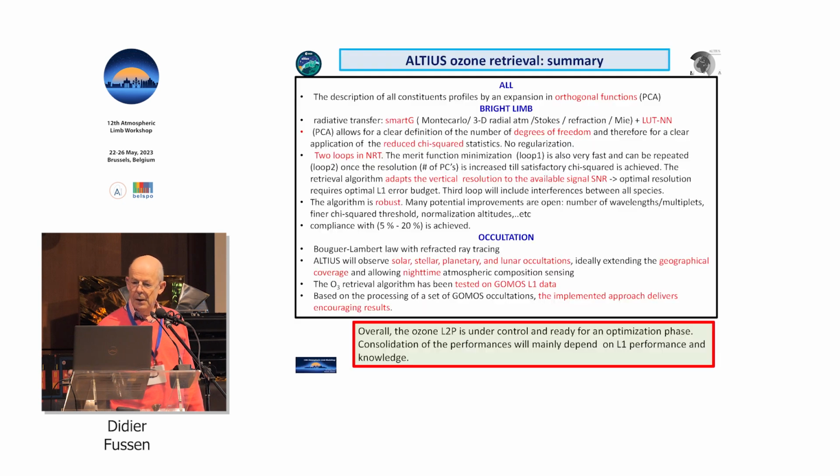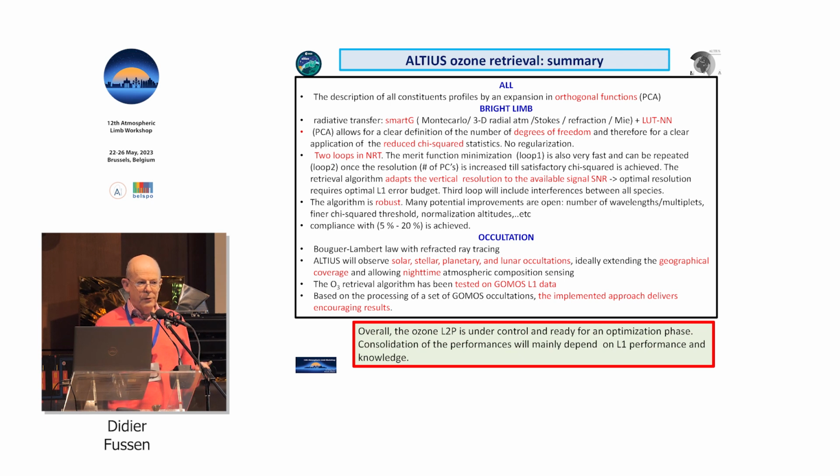Okay. So the summary. For all modes, we are using this representation of the ozone profile with orthogonal functions coming from PC analysis. I will not read all the particular aspects I just mentioned, but overall the Ozone L2P, the operational processor, is certainly under control and almost ready for an optimization phase.